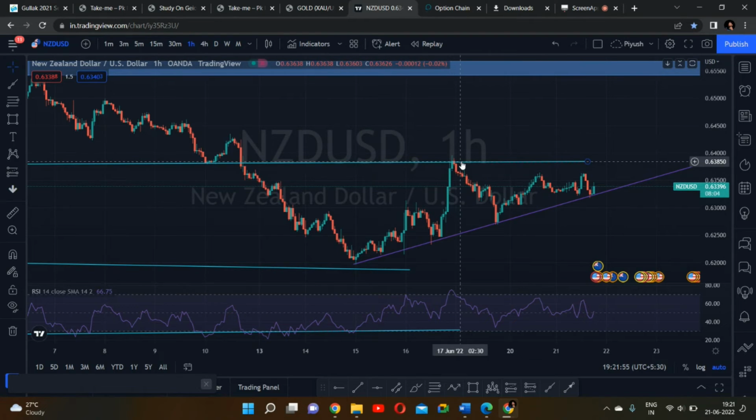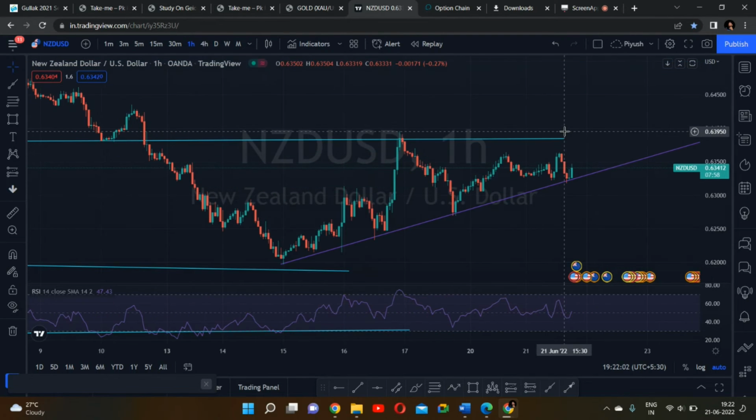So once this resistance is taken, we are going to initiate a buy trade in this, and this recent top is going to be our target. And you can keep your stop loss below this trend line or around this swing highs. I guess the below this trend line stop loss would be better for you.